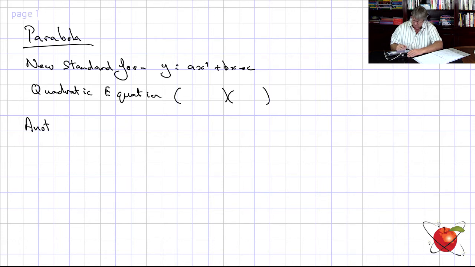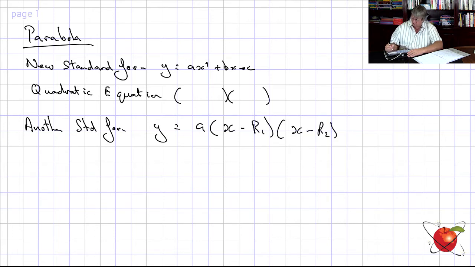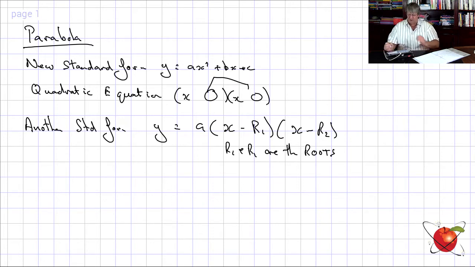Another standard form is y is equal to a times x minus r1, x minus r2, where r1 and r2 are the roots. They would have been these 2 guys here, correct? They would have been those when we solved it.